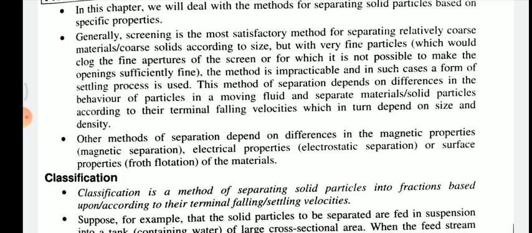The method separates particles in a moving fluid, based on their velocity, which depends upon size.